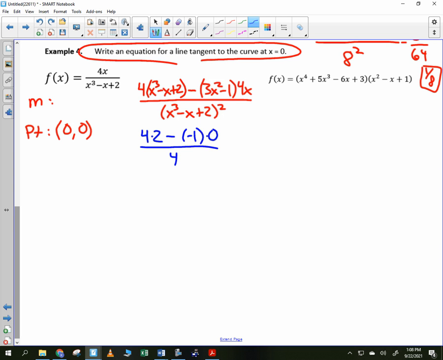So on the top, you have what? 8. In the bottom, you have 4. So the slope is 2. Did I have to do a bunch of fancy-dancy algebra? No. I just am trying to come up with the slope. That's my goal. I can now write an equation for a line. y is equal to 2x. Piece of cake, upside down.